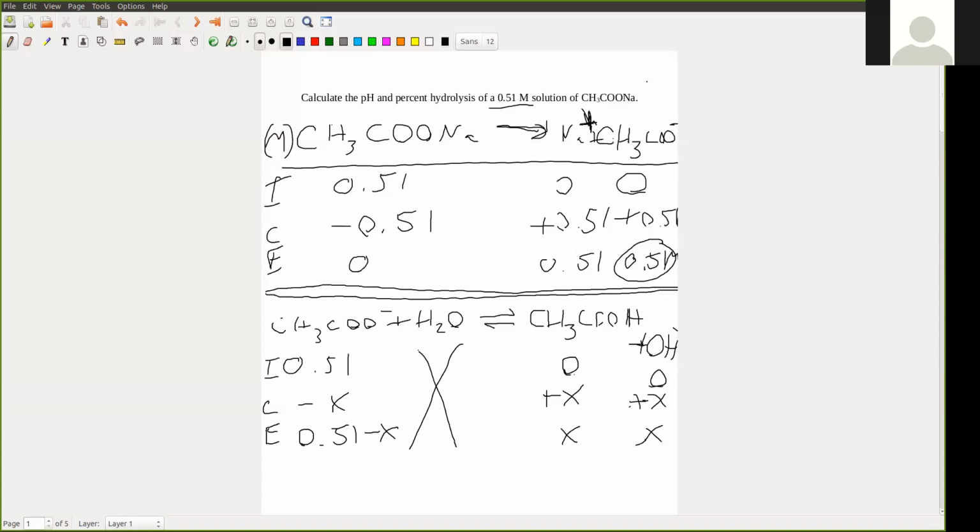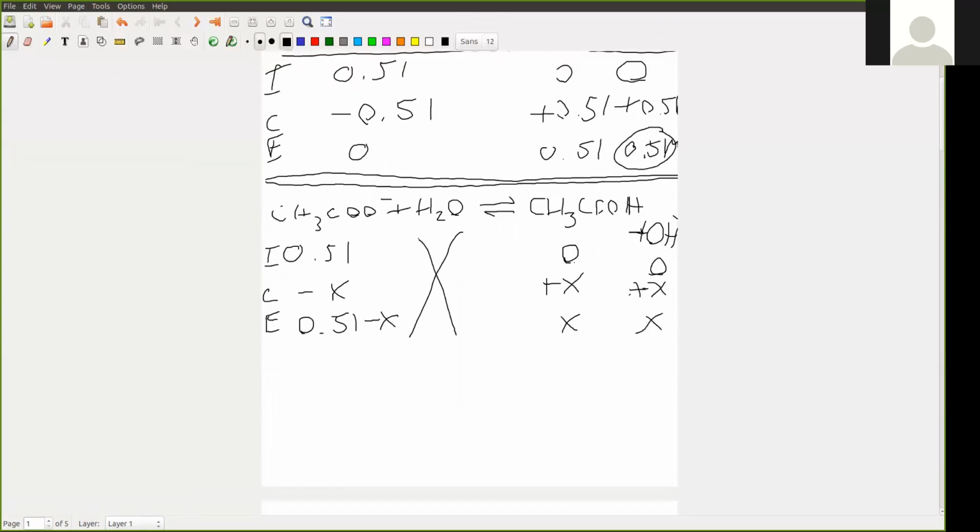So next, what we would need to do is take the values that were given. Because we're dealing with hydroxide, we want to look up the Kb, the basic dissociation constant for acetate ion.